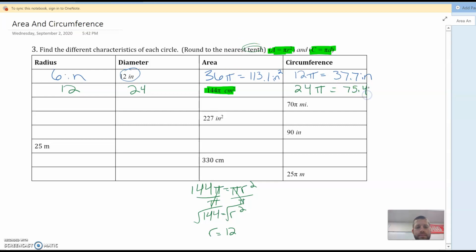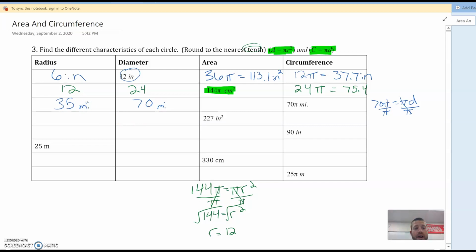All right, same thing with given the circumference. I'm going to use pi times diameter. If I have 70 pi equals pi times diameter, I can divide both sides by pi. Those cancel out, so that gives you the diameter is equal to 70 miles. Cut that in half, which would be 35 miles.